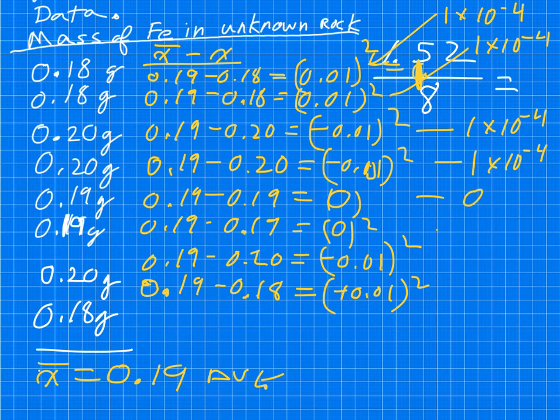That's 0 still. That's 1 times 10 to the negative fourth, 1 times 10 to the negative fourth. Then I'm going to add them all up. And what does that give me? 1, 2, 3, 4, 5, 6. 6 times 10 to the negative fourth is the sum of my squares. Now we're going to divide by our number of numbers.